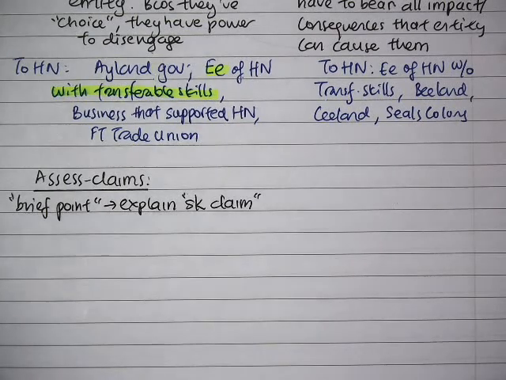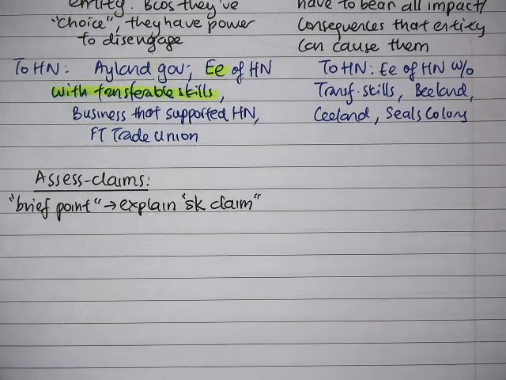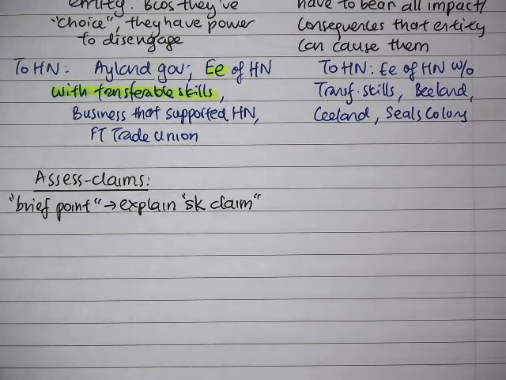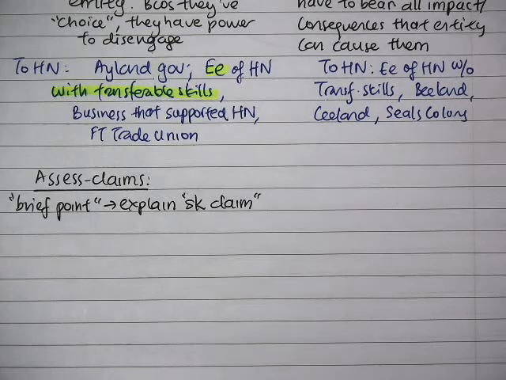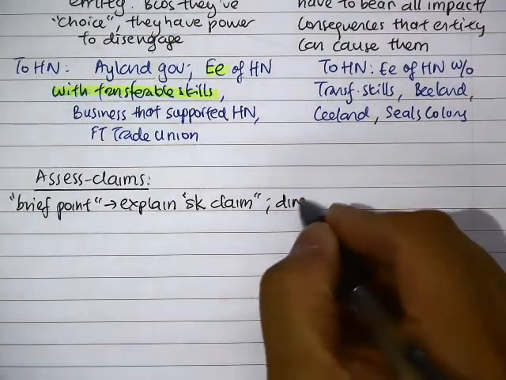Now we got to assess the claim. Now probably what you can do normally in P1 is before you start a point, you can, don't mind, go in and explain a bit like what do you mean by claim. Okay, so I can start very quickly in a brief point, in a brief point, I can explain the meaning of claim.